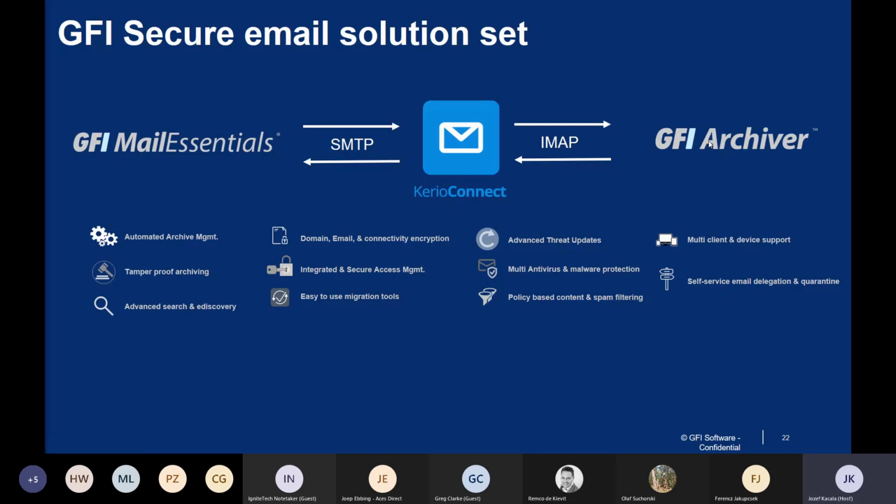Plus, we are also able to deliver multiple other features to the end user, such as multi-client and device support, self-service emails, delegations and quarantine, policy-based content and spam filtering, multiple antivirus engines, advanced threat updates, easy-to-use migration tools, integrated and secure access management, domain, email, and connectivity encryption, automated archiving management, tamper-proof archiving, and advanced search and e-discovery of emails.